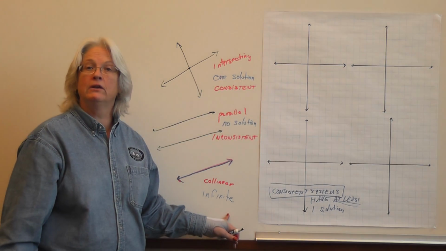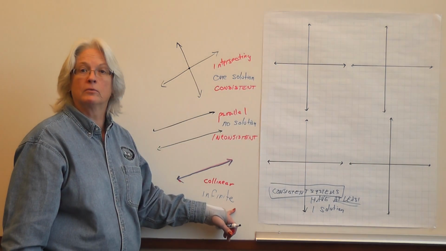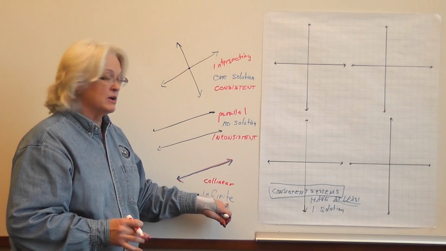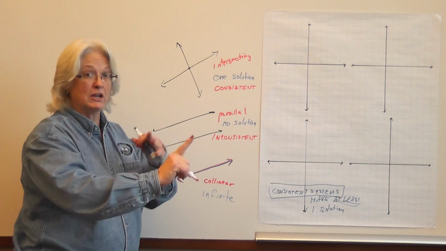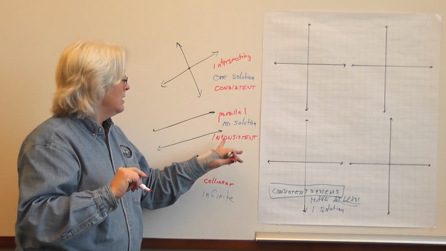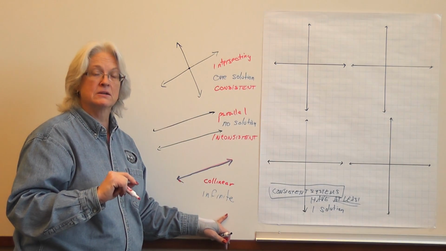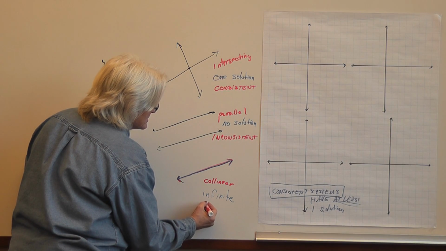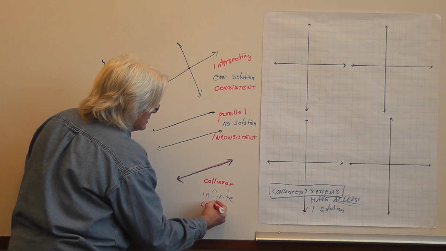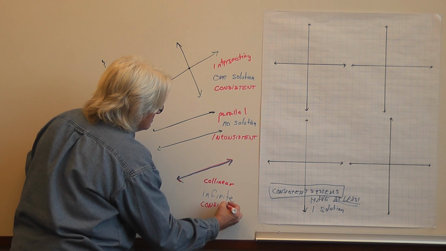What about our collinear system right here? Is there at least one solution? Well, yeah, not only is there one, but there's an infinite number of solutions. But in order for it to be consistent, it only requires at least one. So collinear systems are also consistent.